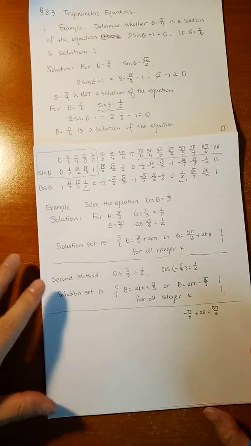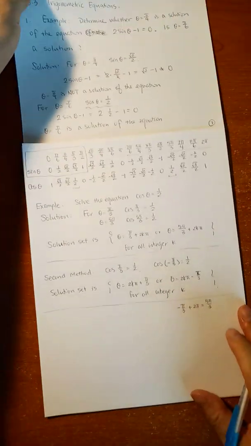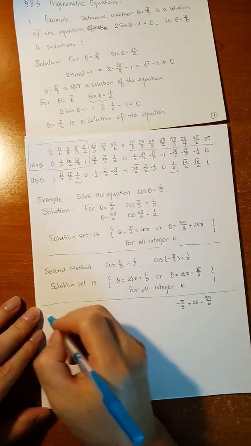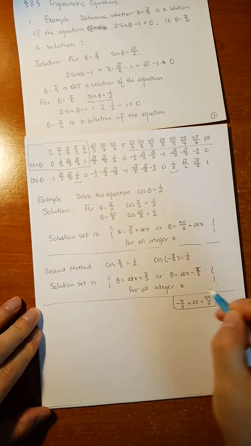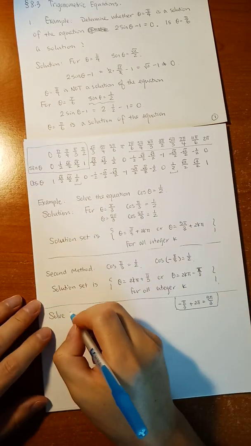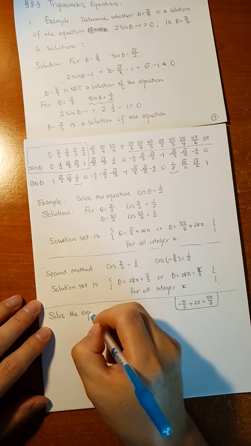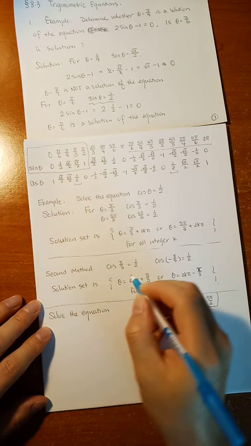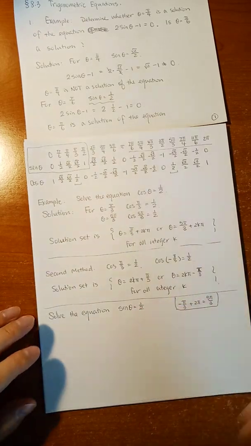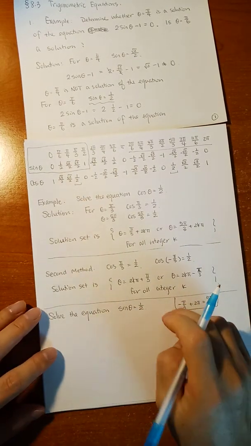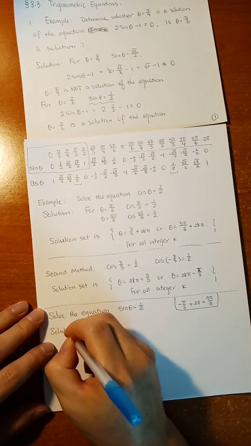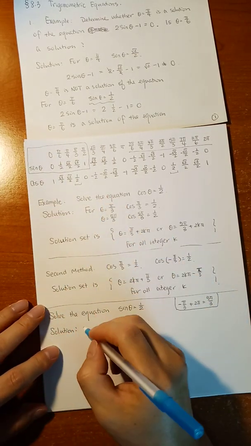Okay, so for this is a cosine. Let's do the similar one. Example for sine. Sine theta is 1/2. The first solution is to recall the evaluation table.